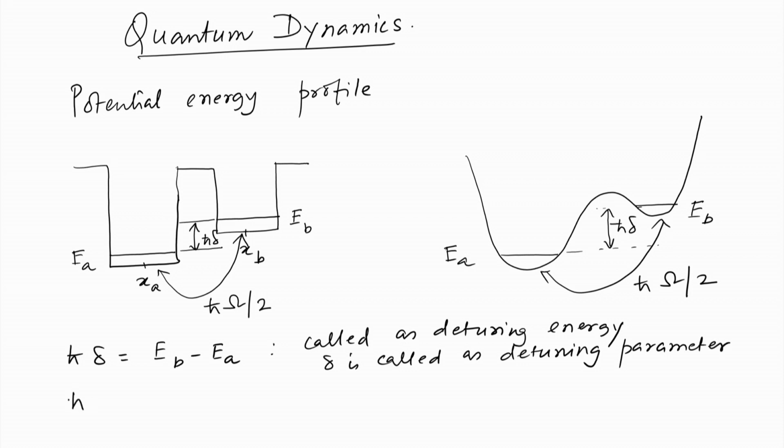And h cross omega over 2 is the tunneling energy, and omega is called the Rabi frequency.